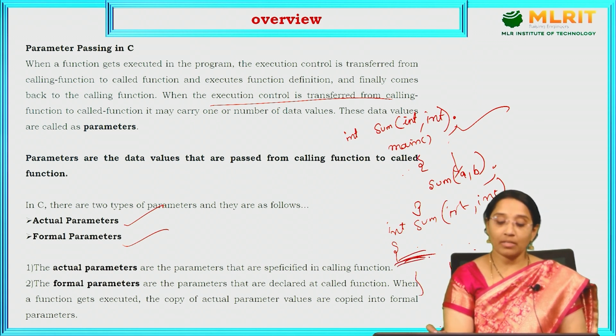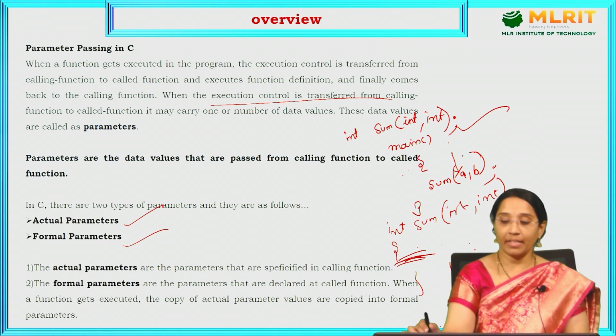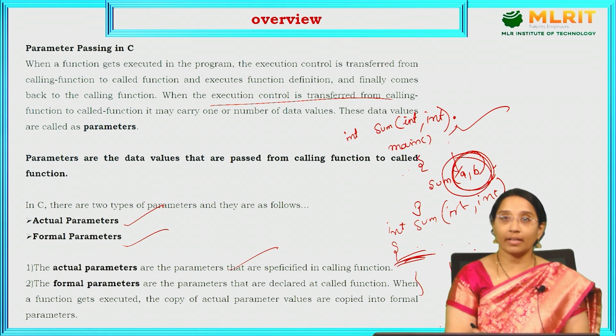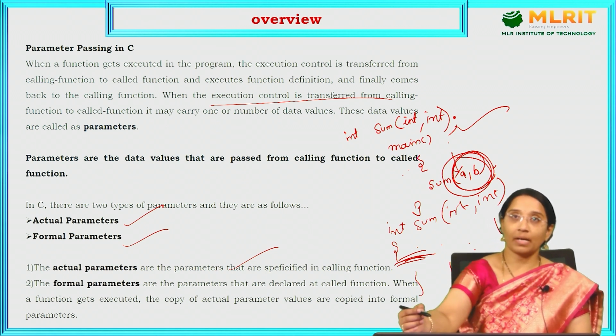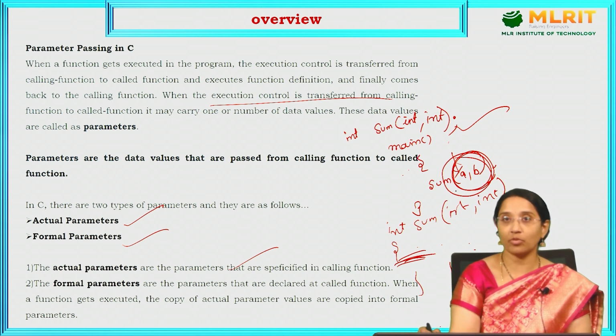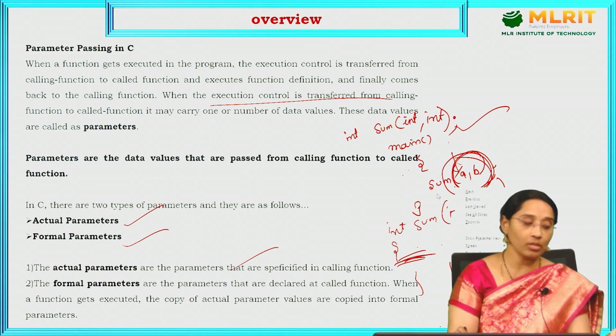The parameters that are specified in the calling function are called the actual parameters, and the parameters that are declared inside the called function are the formal parameters. When a function gets executed, the copy of the actual parameter values are copied into the formal parameters. So, when I pass these parameters in the main function, a copy of those parameters will be passed from the calling function to the called function.